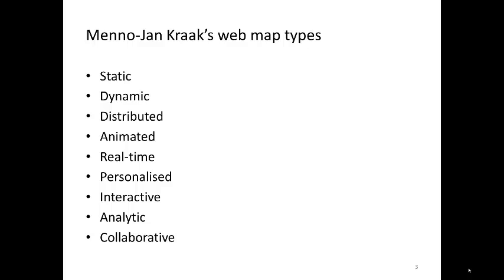You're working with that as well. So you want to think about whether what you're doing fulfills the classifications that you want your visualization tool to fulfill. So, for instance, you started off thinking, I want to make an analytic, interactive web map, and how do you work out whether you're actually doing that?